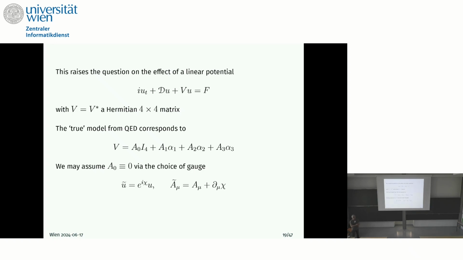This is what is in the prescription. But a mathematically interesting problem is also a generic 4x4 self-adjoint Hermitian matrix, depending on x, or ideally on x and t. You can simplify a little by choosing appropriate gauges, at least if smoothness allows you. So you can, for instance, take out A0.